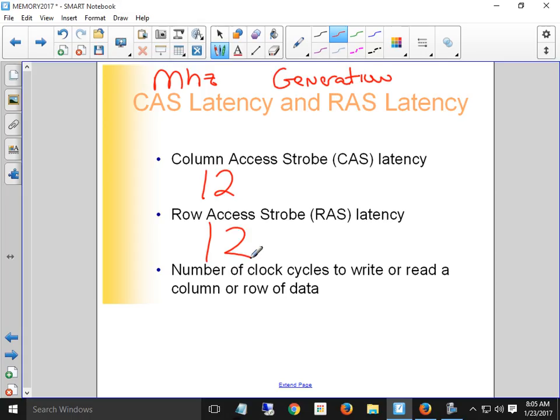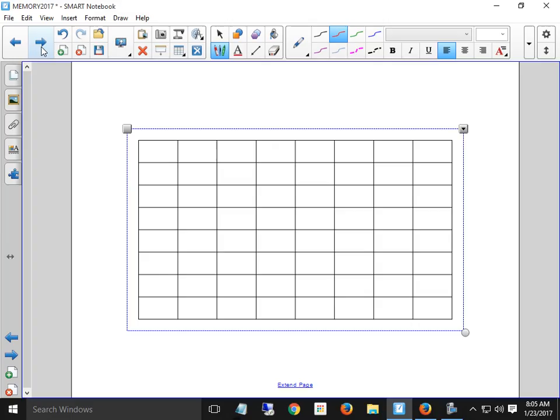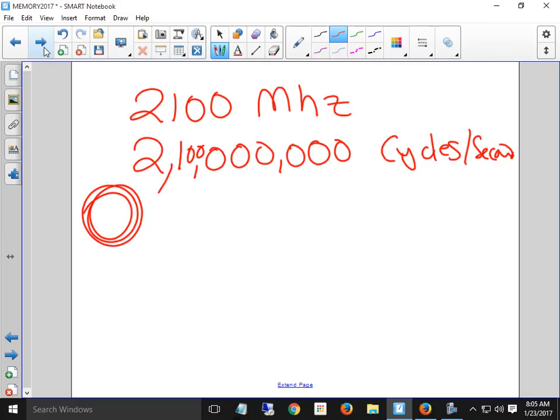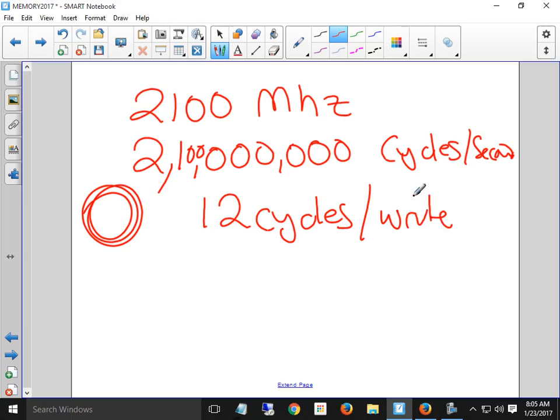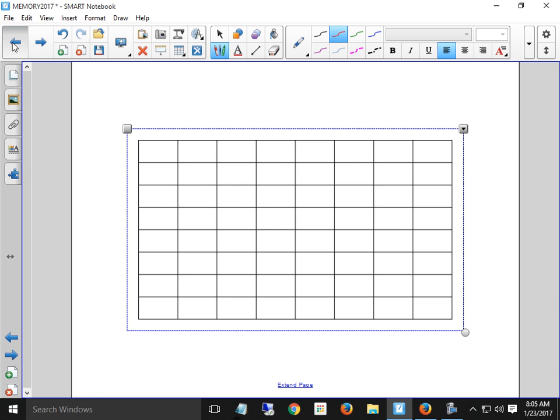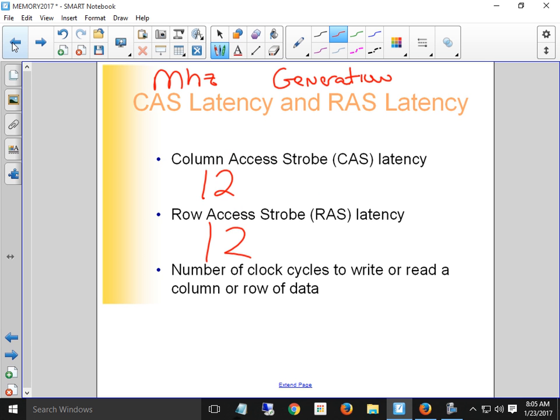So if it's doing 2.1 billion cycles around the motherboard and it takes 12 cycles to write, then we can do math. I'm not going to do that right here. How long it actually takes to write. So when we look at RAM, do we want this to be a higher or a lower number? Lower. Lower is better. It means it wrote faster.